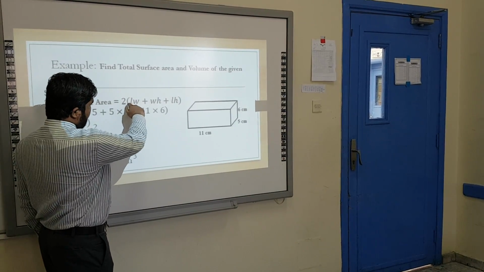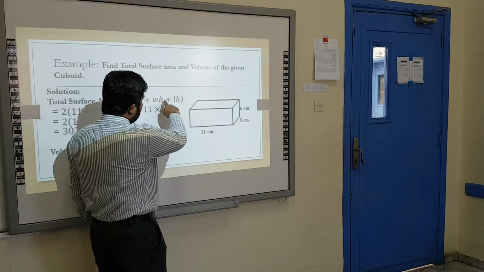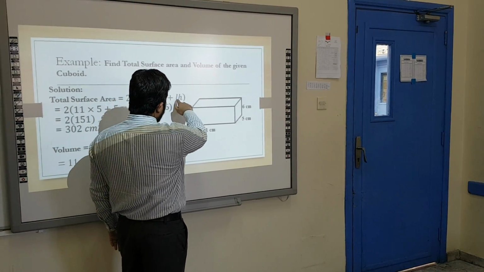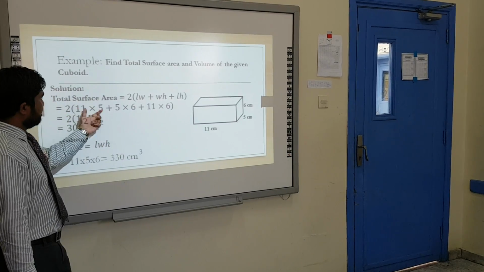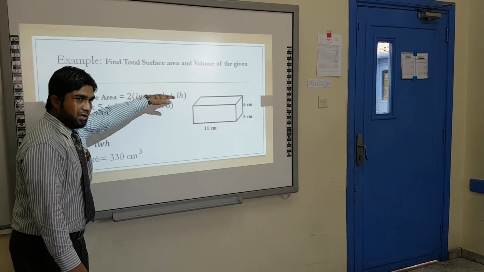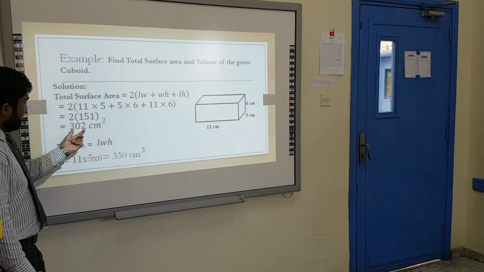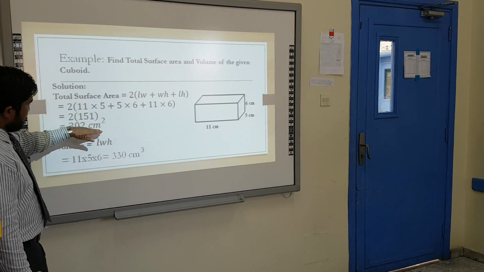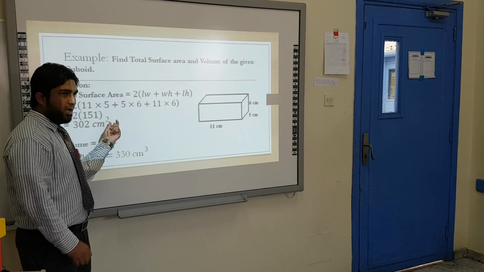That is 2 into the brackets length multiplied with width plus width multiplied with height plus length multiplied with height. If we substitute these values in the formula, we will get the final answer as 302 centimeter to the power 2.